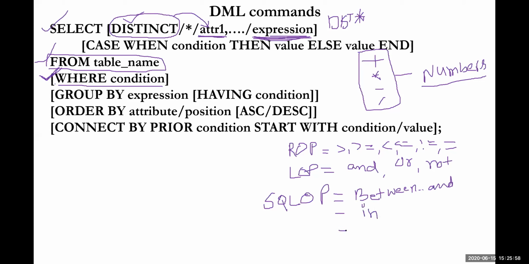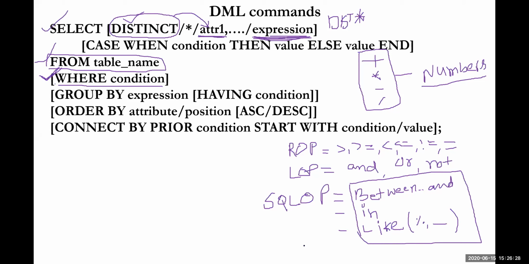LIKE takes two more extra operators, that is percent and underscore. These two operators will be used, and there are many other operators, but those are not required at this moment. As and when subqueries come, we will explain what those operators are. These are the basic operators required to operate in the WHERE clause. Let me explain this.